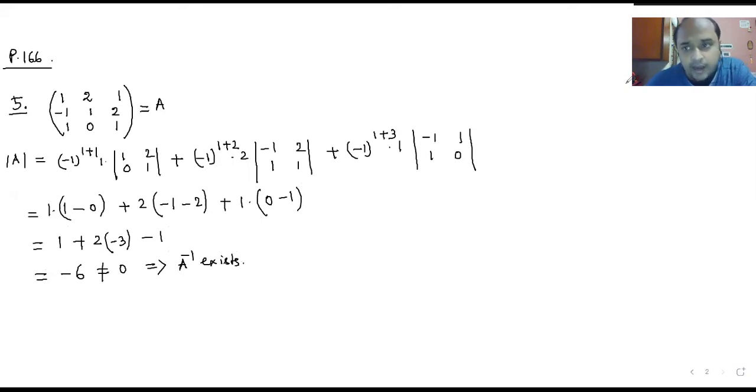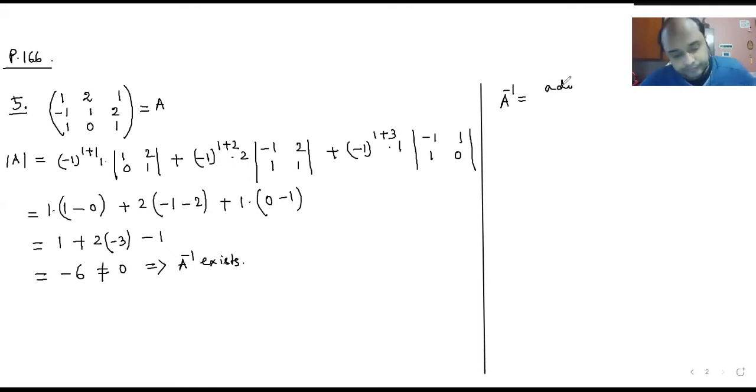Now to find the inverse of the matrix, we use this particular formula. The formula is A inverse is equal to adjoint A by det A. What is adjoint A?